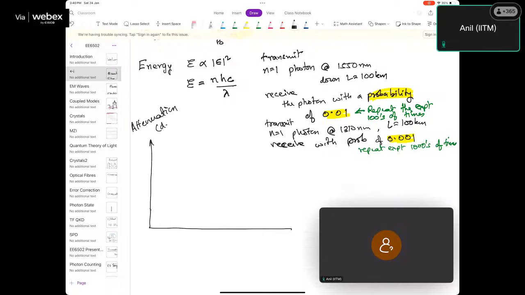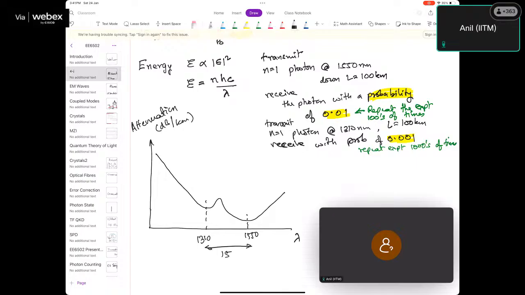Attenuation in decibels per kilometer, and this is wavelength. And it looks something like this. You should remember that this side was 1310 and this is 1550. Now it turns out that we're talking about 150 nanometers out here.